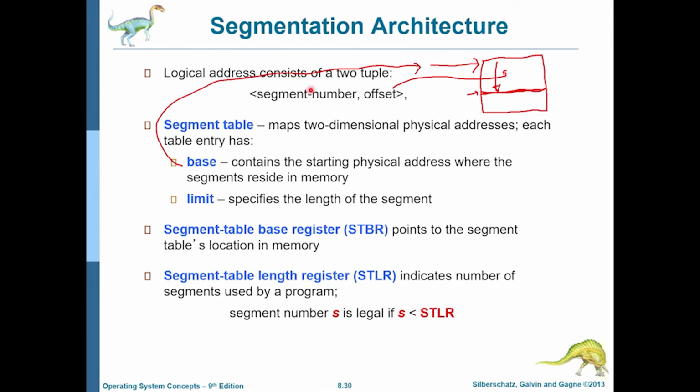You will use the segment number to look into this table to figure out this segment's base and its limit. You need to know the limit of this segment, the maximum size of this segment. Then once you have figured out the base, you can take this offset and look into the segment to find out where in physical memory your logical address is. So this is how we can take a logical address and convert it into a physical address.